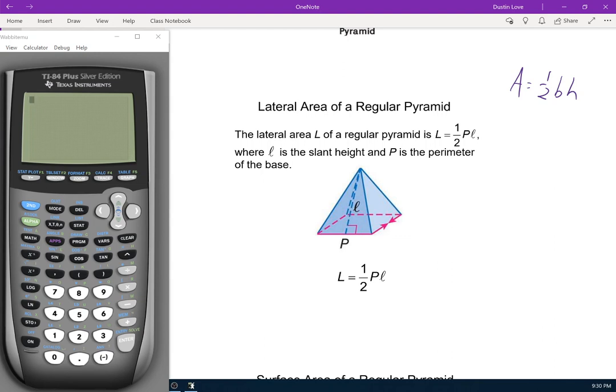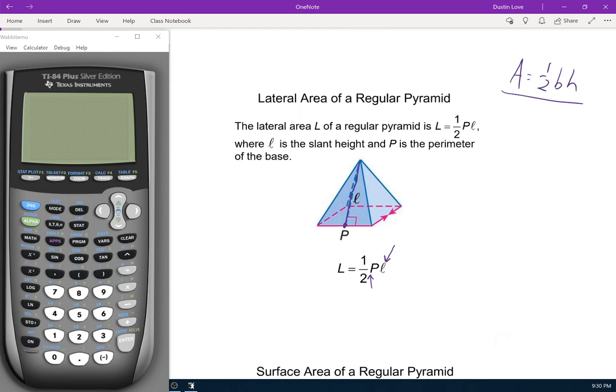If we were actually in class, I would go through and show you the derivation of where that comes from, but suffice it to say, we're just going to give it to you right now. It's 1/2 times P, the perimeter of the base, times L, the slant height, which again connects the midpoint of the base up to the vertex.